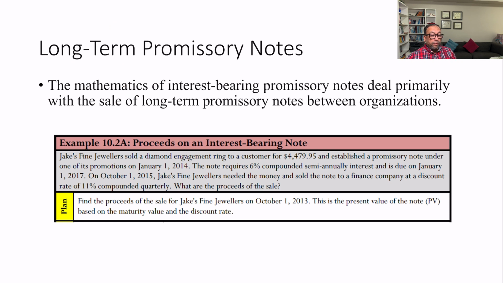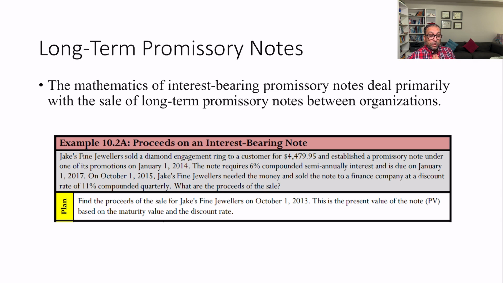The methods of interest-bearing promissory notes deal primarily with the sale of long-term promissory notes between organizations. So that's what we say, that it's a promissory note which we are going to sell to the other. So Jake Fine Jewelers sold a diamond engagement ring to a customer for 4,479.95 and established a promissory note under one of its promotions on January 1st, 2014.